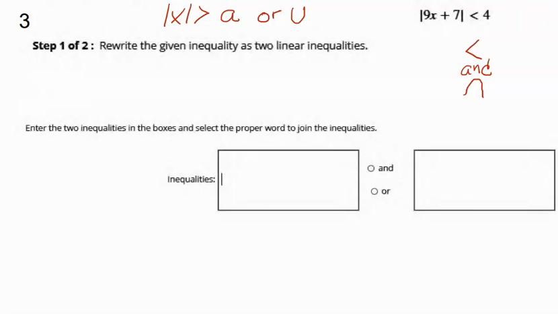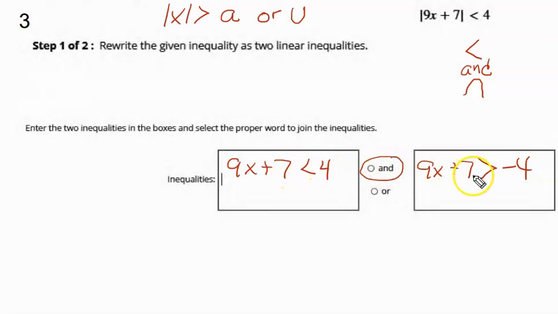So the protocol is to take away the absolute value signs and just write it: 9x plus 7 is less than 4. And then you rewrite it again, and again, this is an "and": 9x plus 7, reverse the inequality sign, is greater than negative 4.